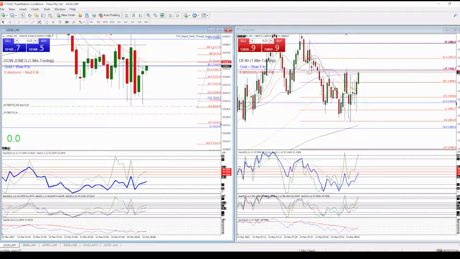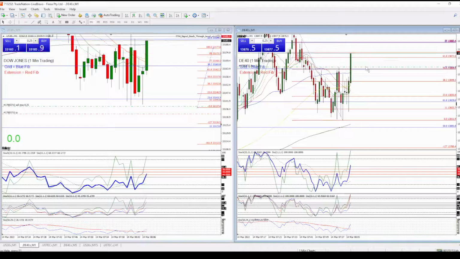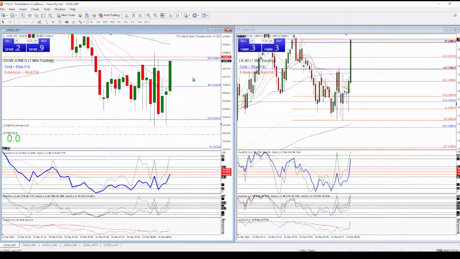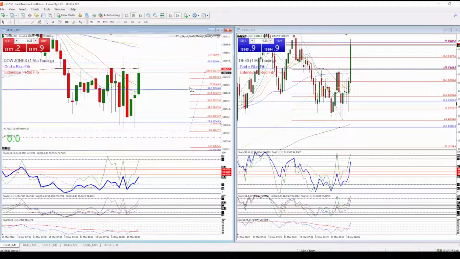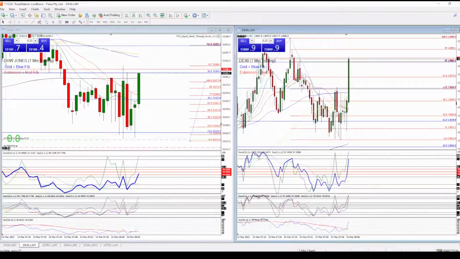Watch 33 up through 50 on the DAX. I'm long on the DAX. Closing that one. 33 up through 50 on the Dow. Waiting for that.